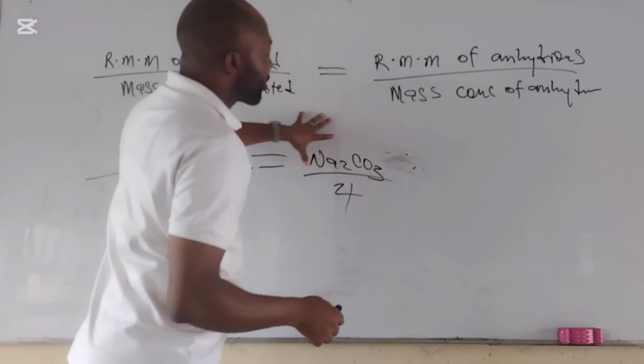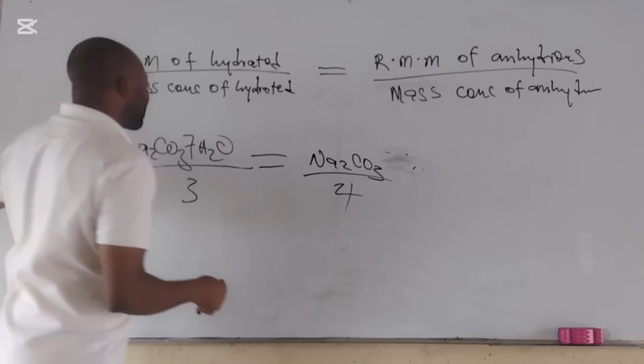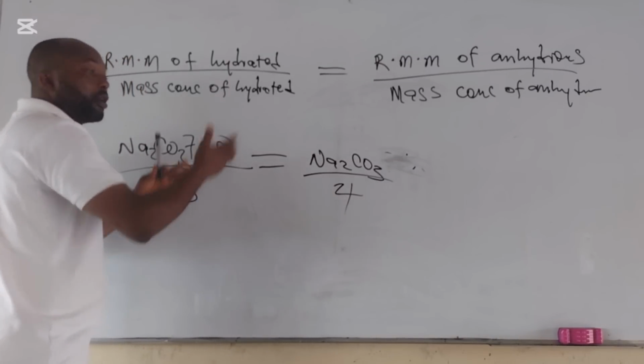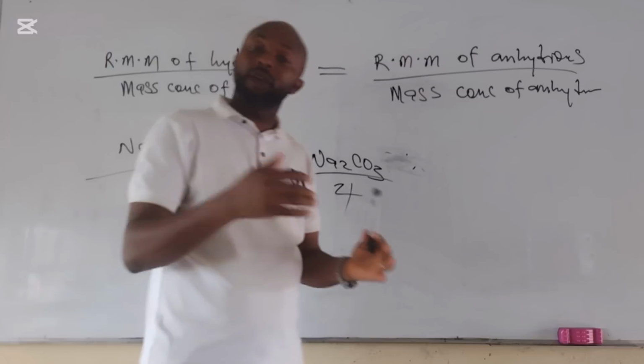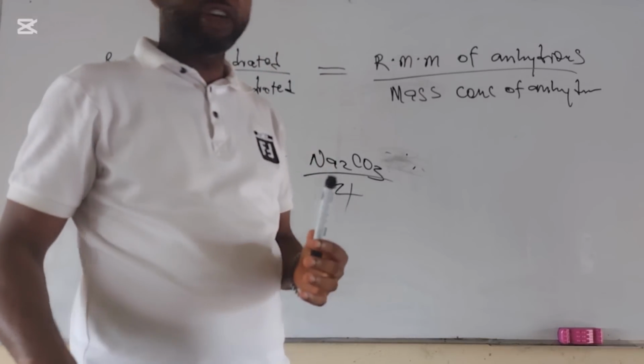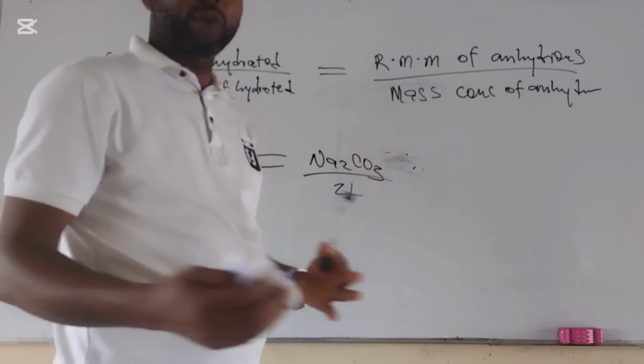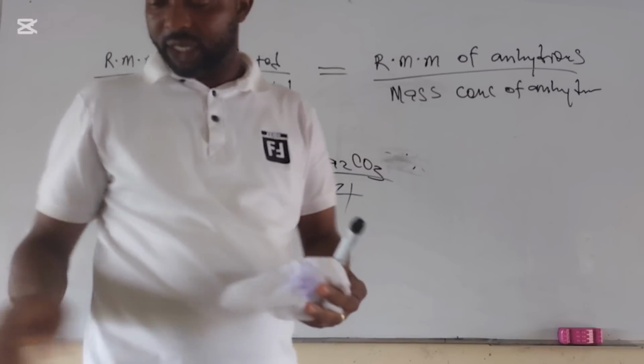So this is the anhydrous part of it. This is the hydrated part of it. Whatever it is, the relative molecular mass, we are going to determine from the question that will be given. By virtue of that, we're going to take our first question so that we'll see how to apply that.